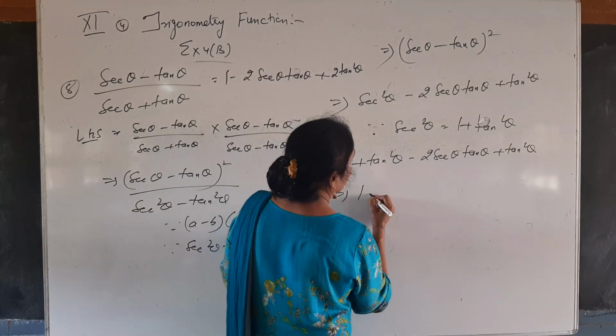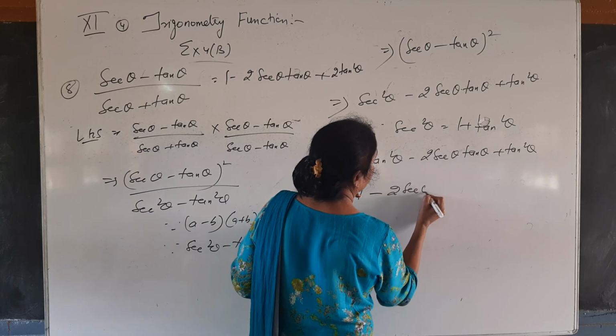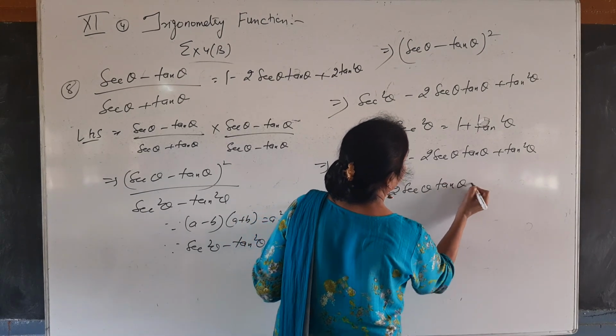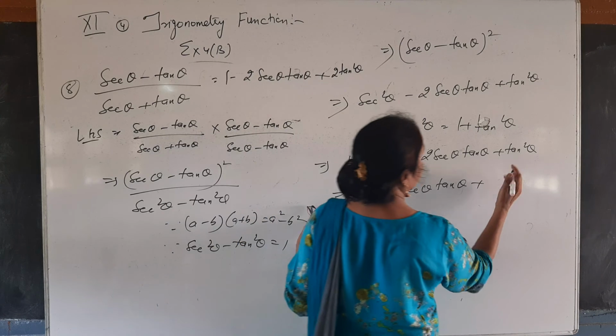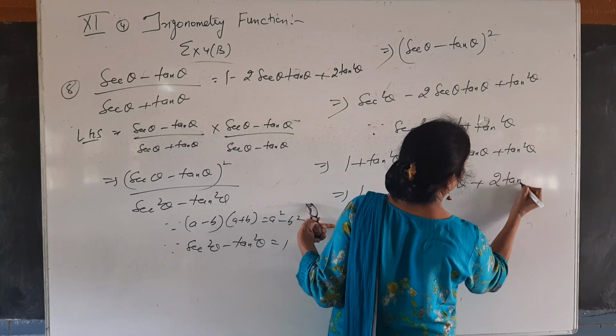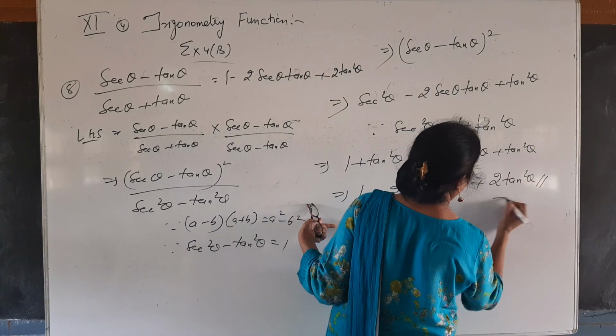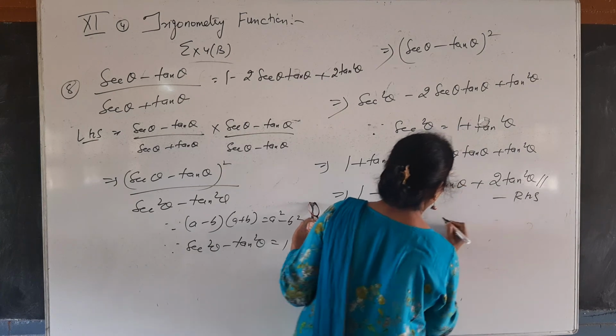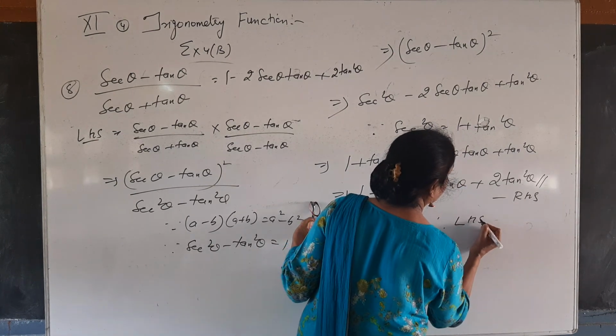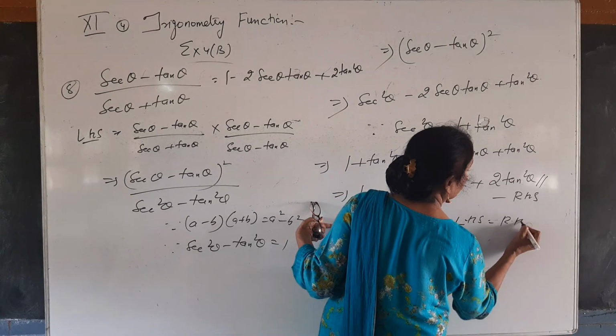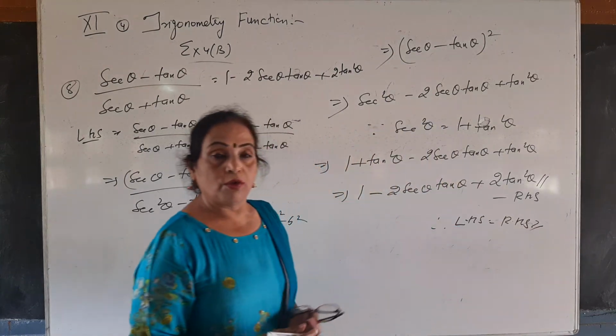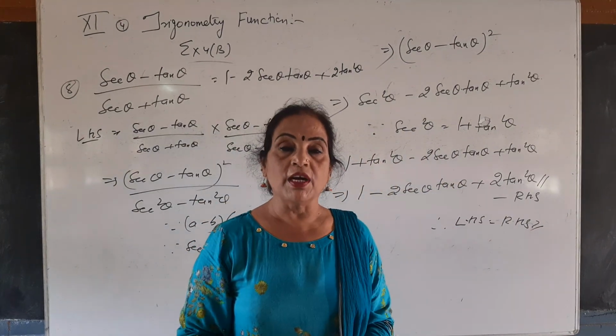So it is 1 minus 2 times sec theta tan theta plus tan square theta plus tan square theta, 2 tan square theta. This is RHS. Therefore LHS equal to RHS. This is the proof. So try the question and do the sums.